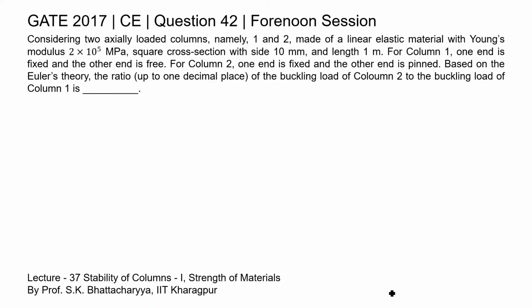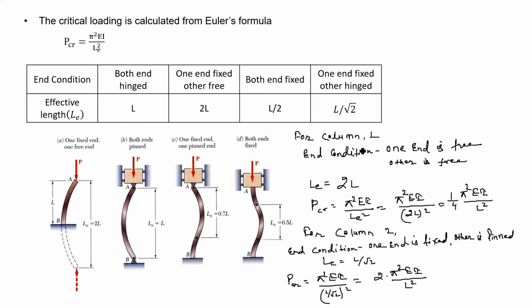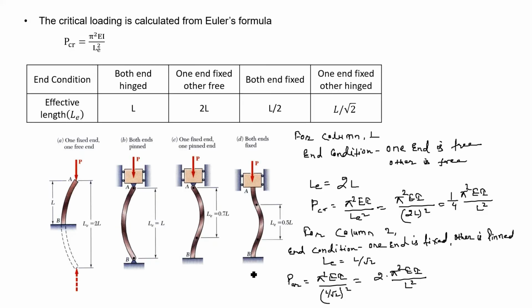Now, we need to find the ratio of the buckling load of column 2 to column 1. For column 2, the critical loading comes as 2 into pi square EI by L square.